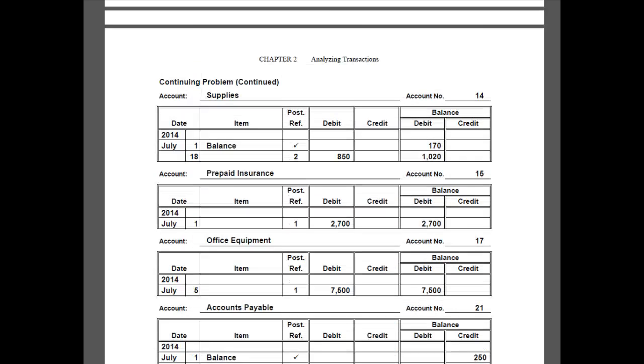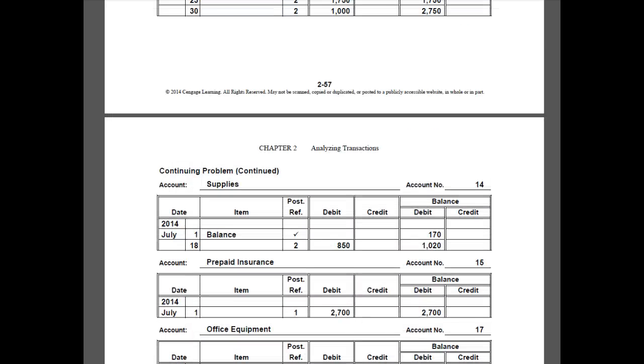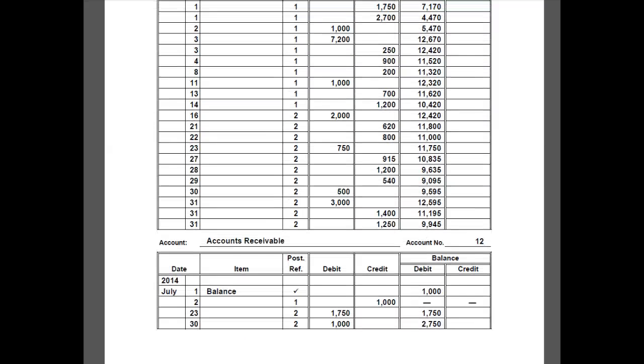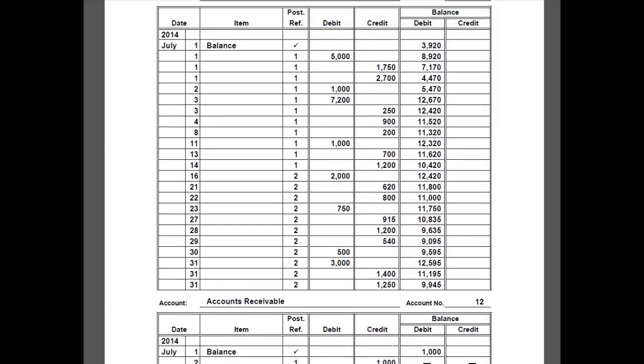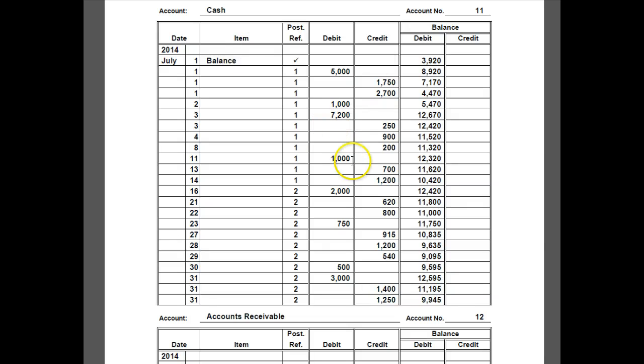I'm not going to make you sick and dizzy by running back and forth between all of these, but I'll scroll through them a little bit and kind of explain. So you can see we have $5,000 come in here. I had a $3,920 debit, so this adds to that debit. So now I've got $88,920.